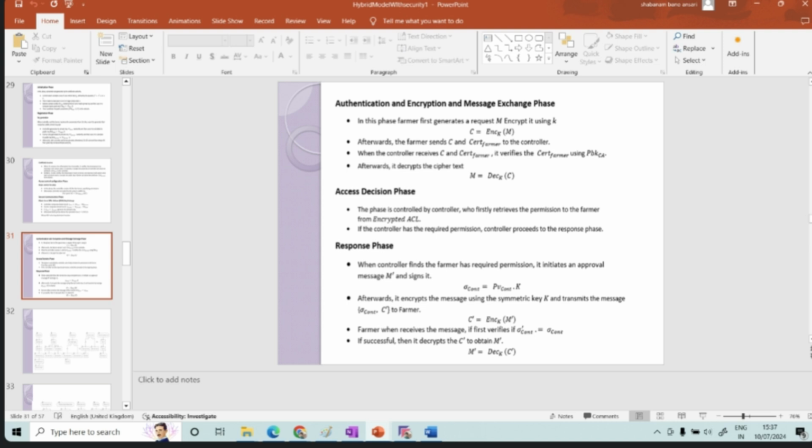So if anyone wants to verify whether that certificate is original or not, they should use the public key of the certification authority. Whenever they use it, they will get some information related to the user, related to the farmer.